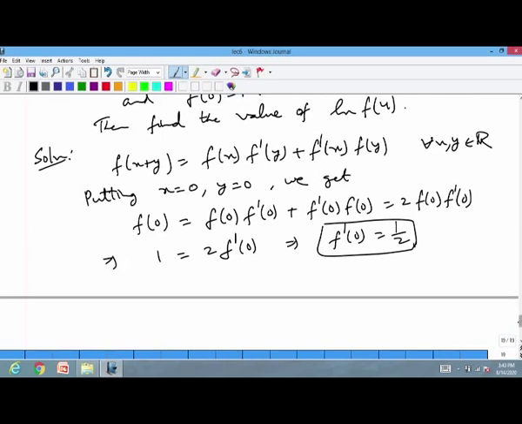Now, we have to calculate the value of log of f of 4. So, we will try to find what is f of x.